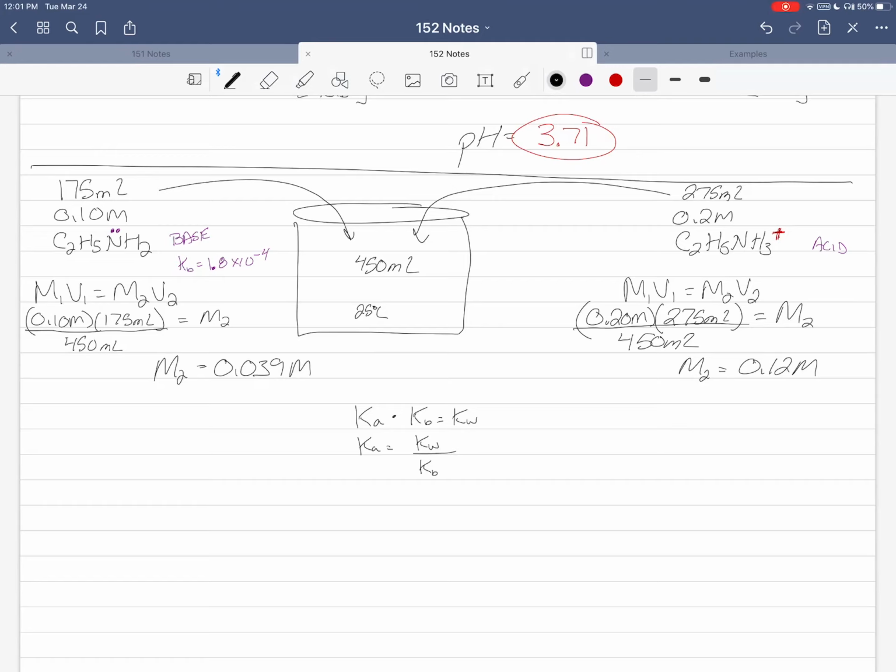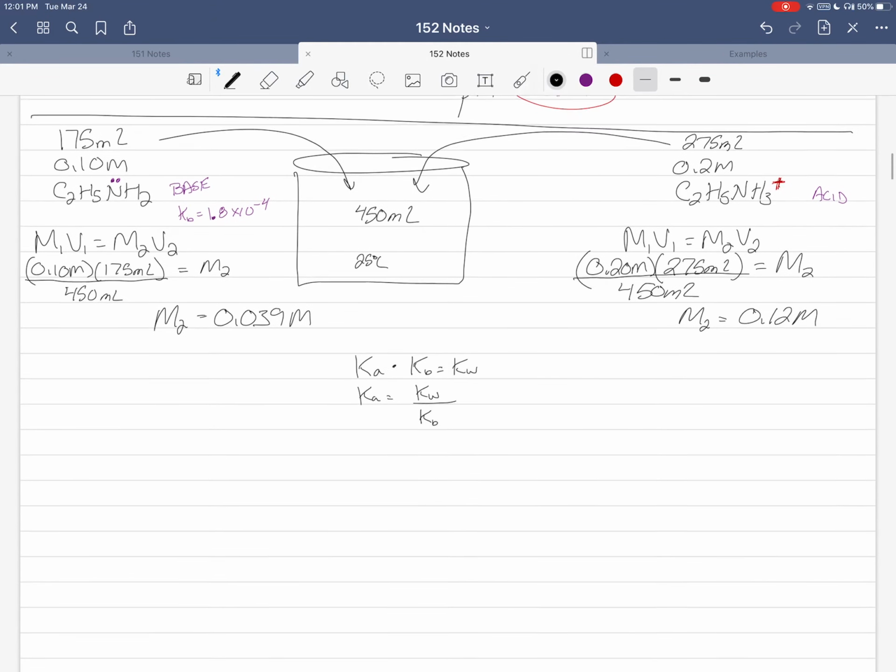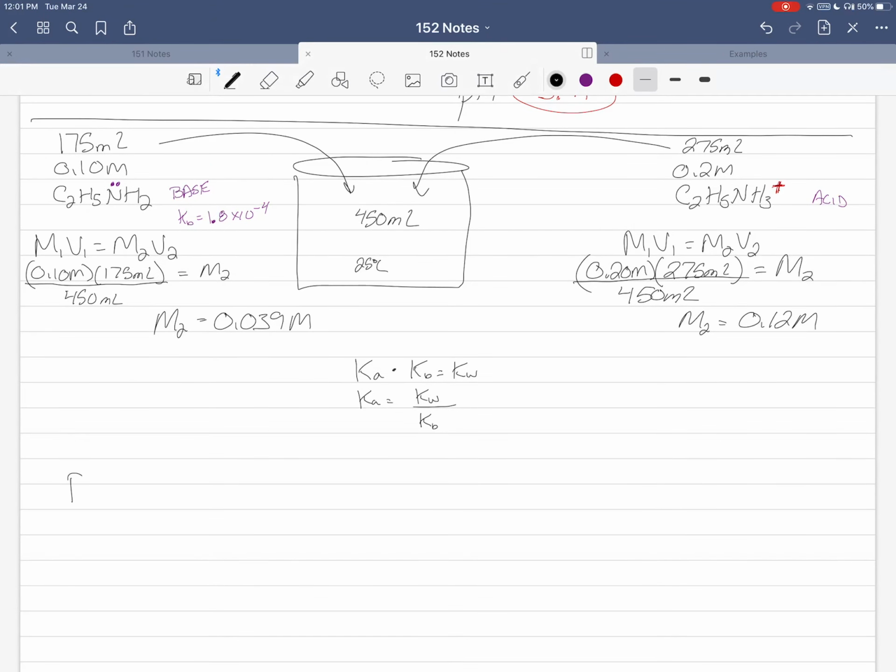Now, do you actually have to calculate Ka? No. We just can plug it into the equation, and your amazing calculator takes care of it. pH equals pKa plus the log of the base, C2H5NH2, over the acid, C2H5NH3 plus.